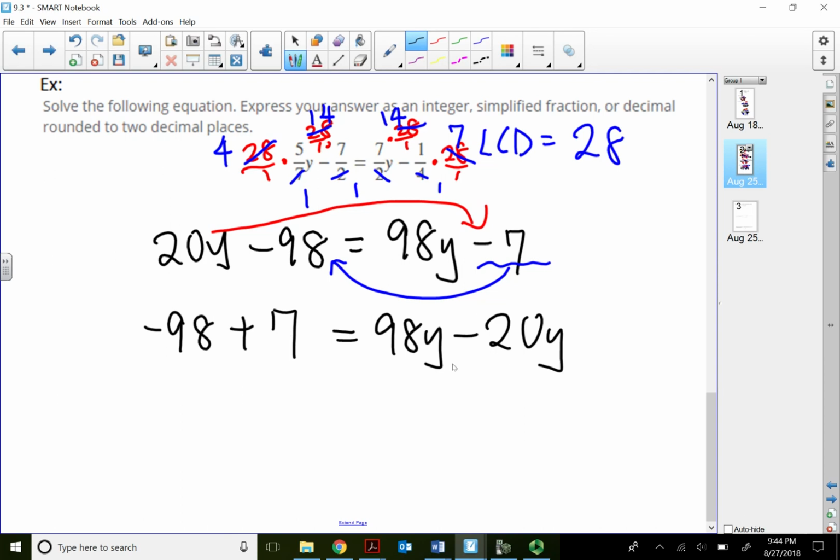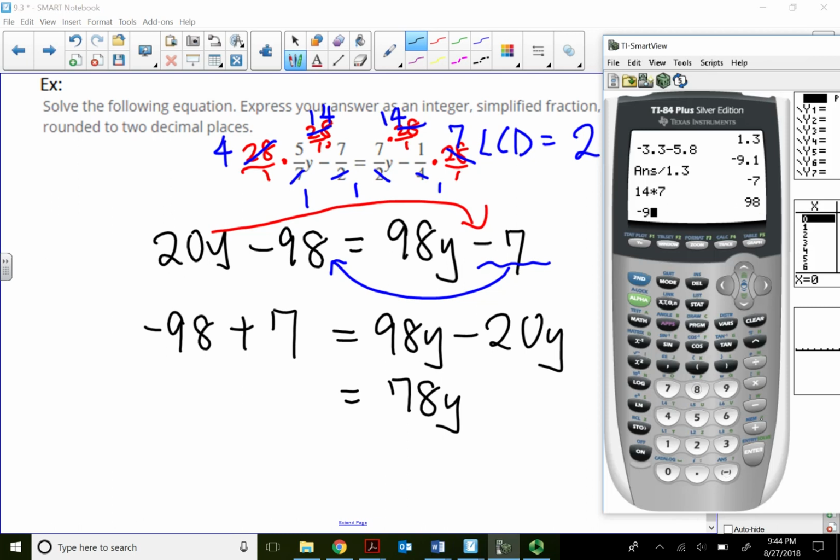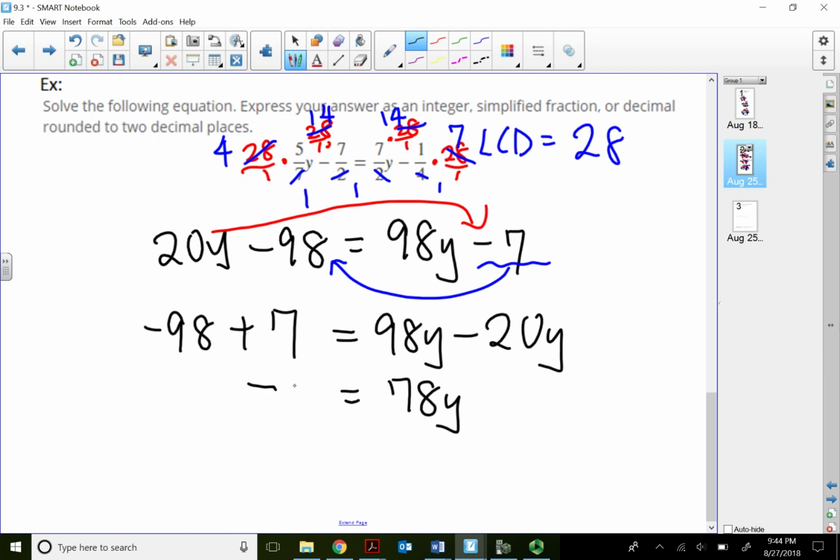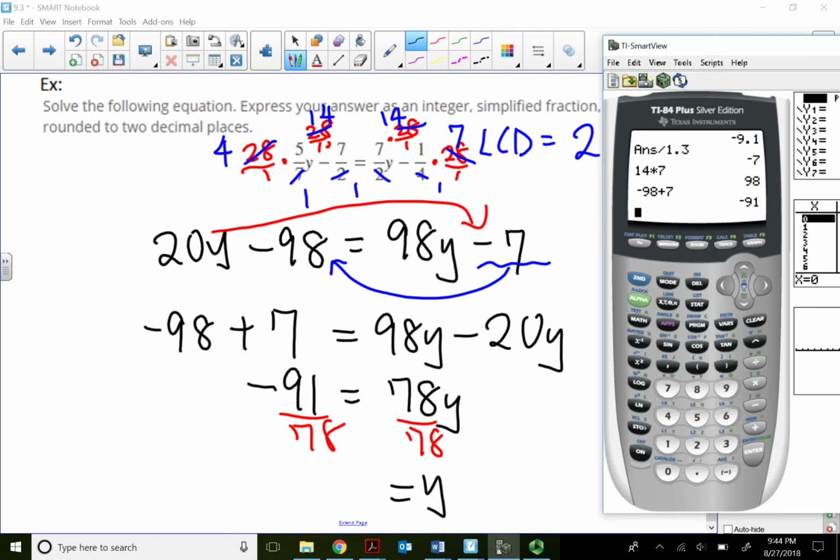So once we get to this point, we can combine like terms. That gives me 78y equals, let's see, negative 98 plus 7. Terms with different signs we subtract. That's negative 91. So now divide both sides by the coefficient 78. My answer, y equals, let's see if this can be reduced. Negative 91, right, divided by 78.